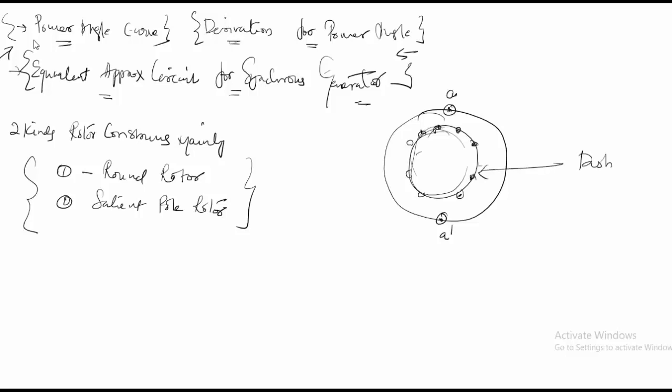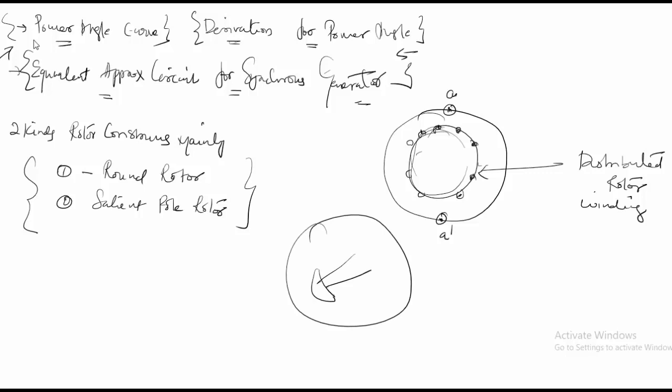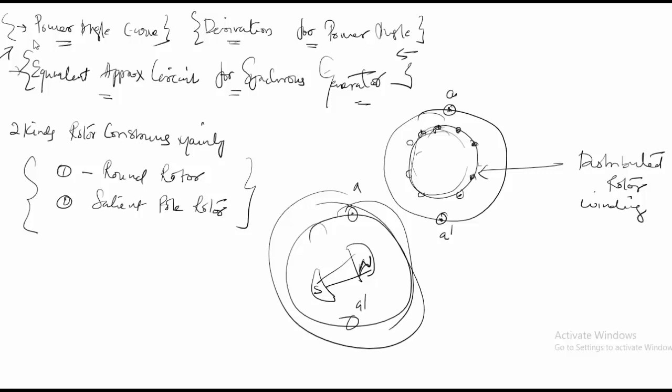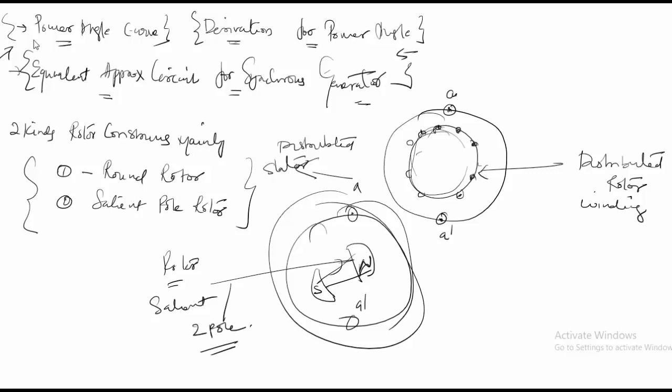So this would be a distributed rotor winding, while in case of a salient pole, it's possible to have a construction like this where the south and the north pole will be there, and the stator again, for a phase, could have a distributed stator winding, while the rotor is a salient pole, here considering two poles, one north and one south.